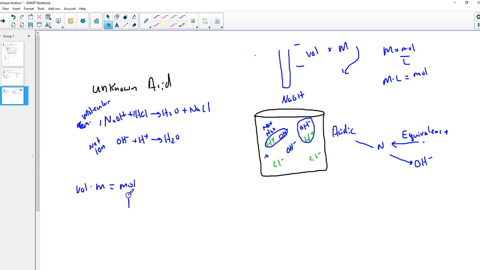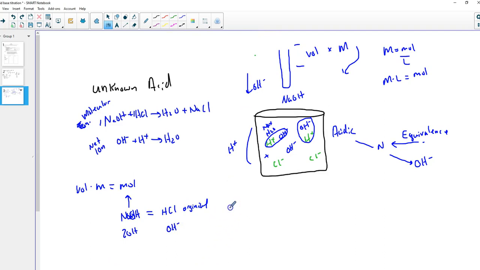So the moles of NaOH that I dropped in equal the moles of HCl that were there before, the original H plus. If there were two H pluses here before, I have to drop in two hydroxides to match them. So if I know how many of these I dropped in, I know the original amount I had.